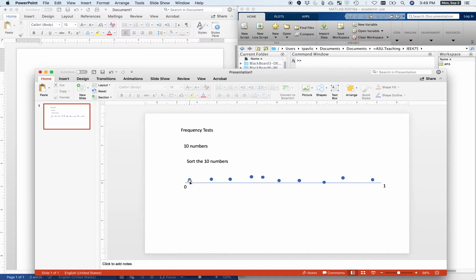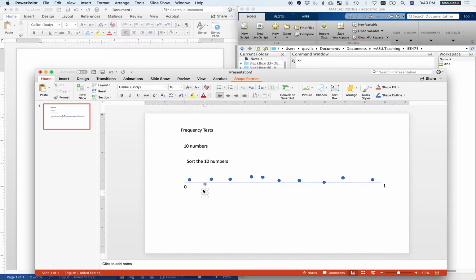So even though I might have drawn a 0.9 first, I'm showing the 0.01 on the left-hand side because that's where it falls on the number line. Now, if these are uniformly distributed, like I think I've depicted here, then I would expect that the first number would be roughly in 1/10.